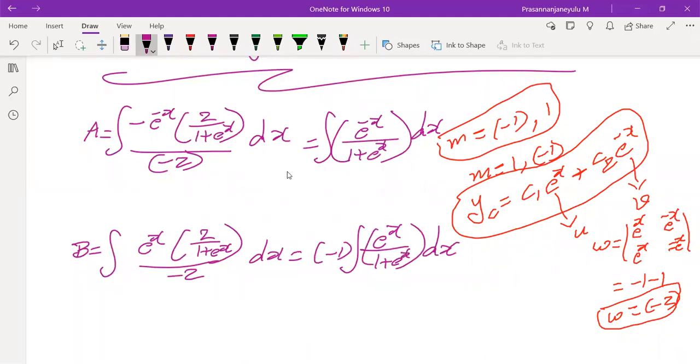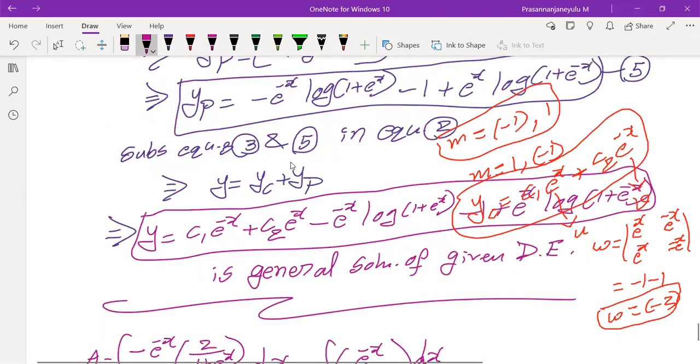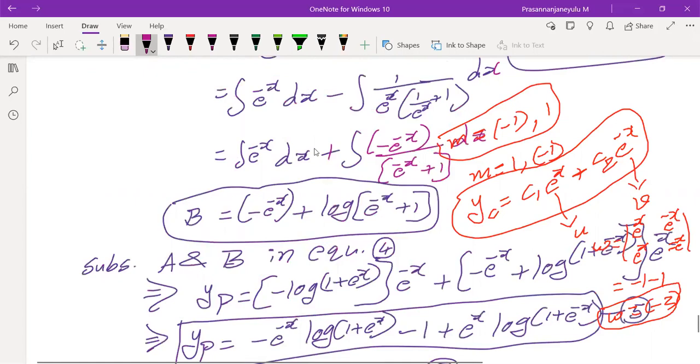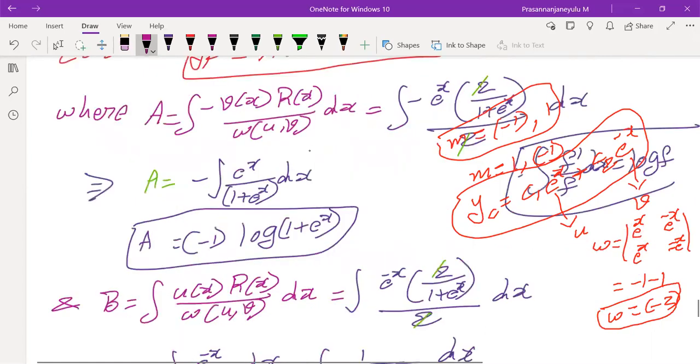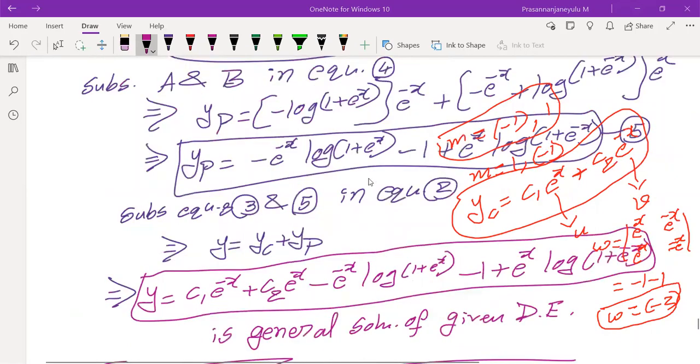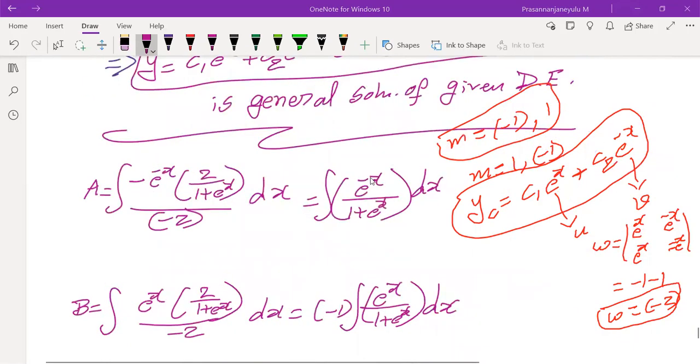Okay. Now, what is our B here? What is our A here? Before doing the integration, this value is as it is our B in our latest substitution. Check it. Minus e power x by 1 plus e power x into dx, minus the integration of e power x by 1 plus e power x into dx. Yes.